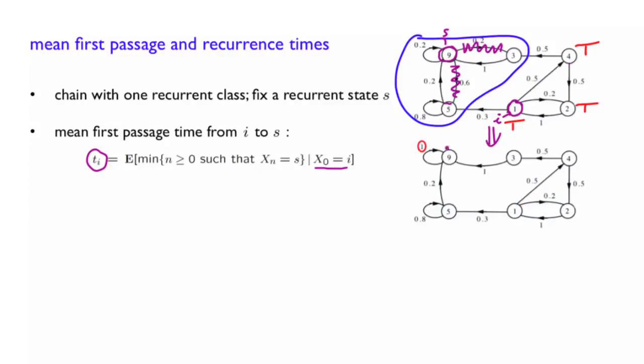But here we have a very special structure. We have only one recurrent state left, which is state 9, and that state is an absorbing state. All the other states, this one was transient, transient, transient, this one becomes a transient state, and this one is also a transient state in this new transition probability diagram.